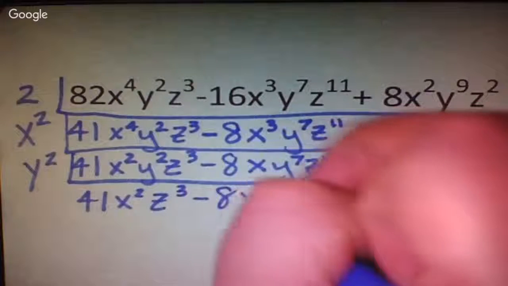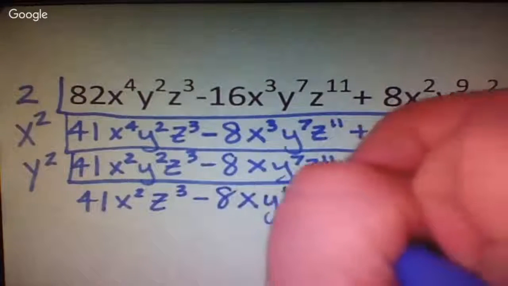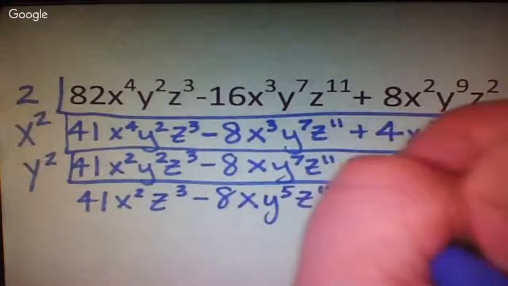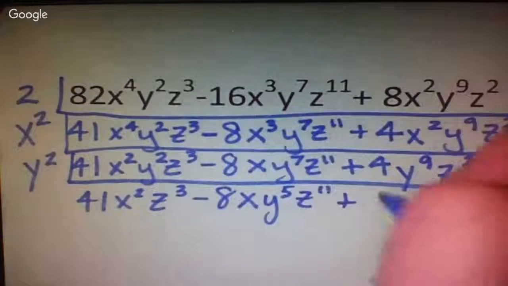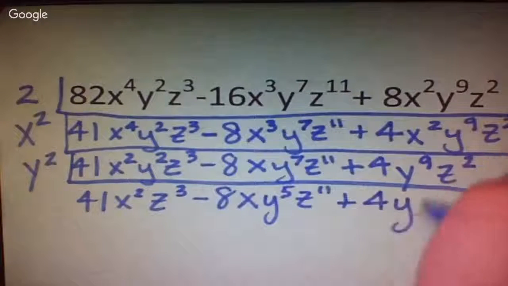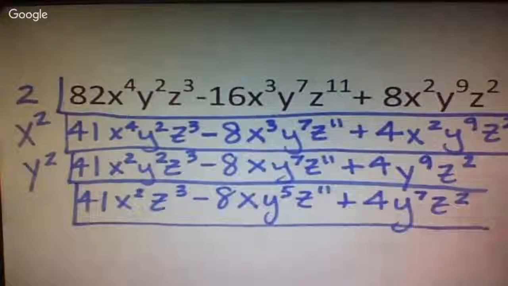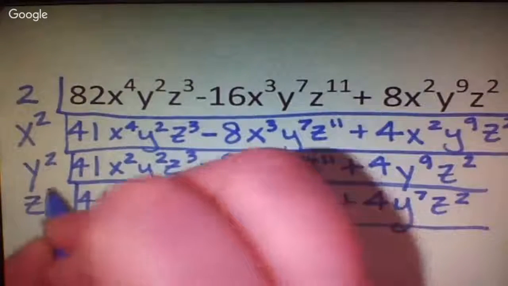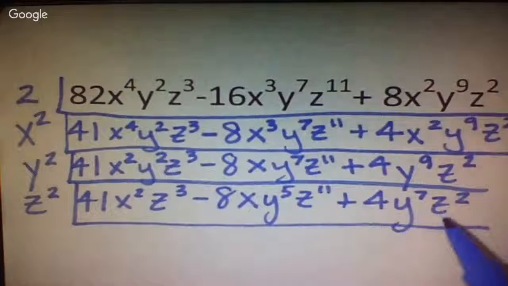Minus 8x. What am I left with when I take away 2 y's? To the fifth. Z to the 11th. Plus 4. Y to the 7. Z to the second. One more. Z to the second, right? Yeah. Z to the second is correct because I have 3 here, 11 here, and 2 here.